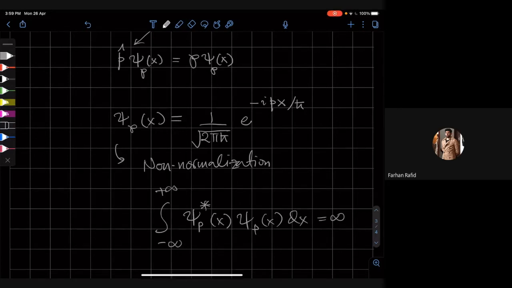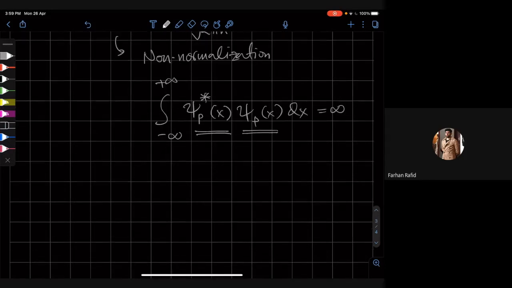Because this guy is a phase factor. The phase factor from here will cancel the phase factor from here, and therefore you're integrating over the whole real line, and this doesn't converge. There's a kind of convention, and in some sense you can actually make them converge.